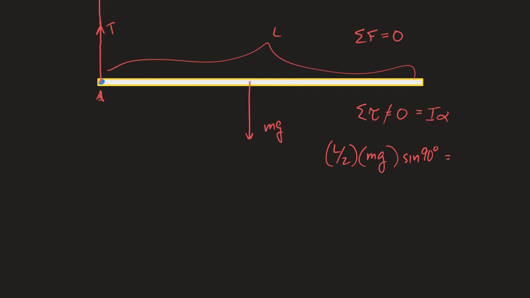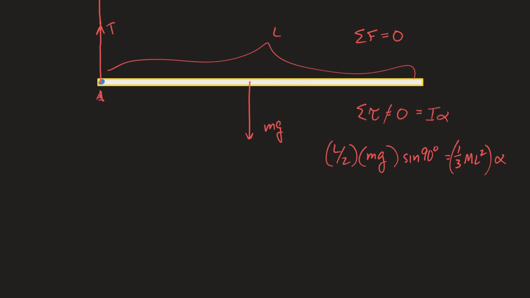At the same time, moment of inertia, 1/3 mL squared. It's being rotated about one end, and we talked about a bar rotated about one end, times alpha. I think you could calculate the acceleration of the system the instant it was released.